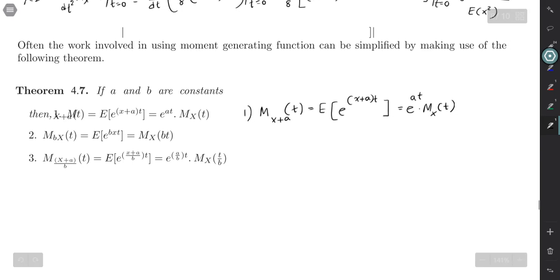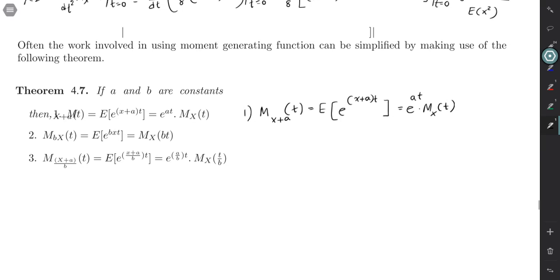The second one, M of bX, t, is the multiplication of the random variable X by b. The first is adding a constant to X, and this is multiplying X by a constant. The expected value of e to the bXt is M_X(bt). And the moment generating function of (X plus a) over b, t can be expressed in the third one.